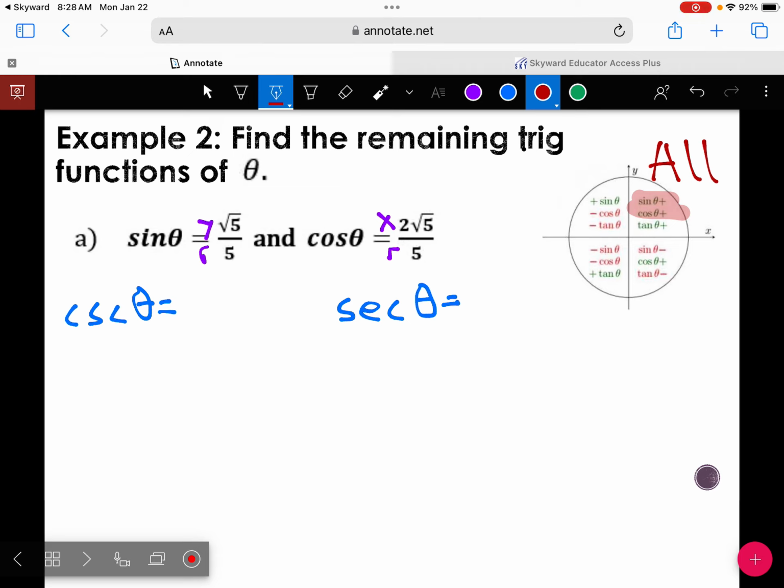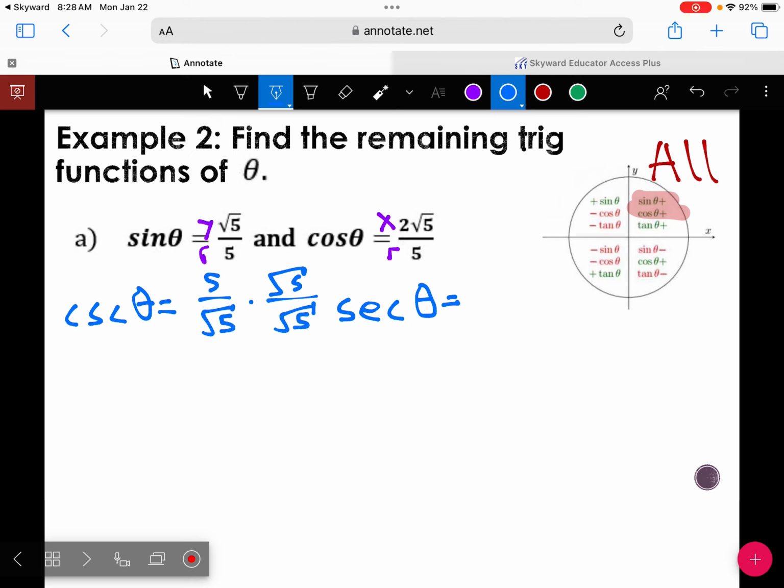So looking at cosecant of theta, first thing we do is we flip. So we make it 5 over root 5. And then from there we have to rationalize, so we multiply top and bottom by root 5.